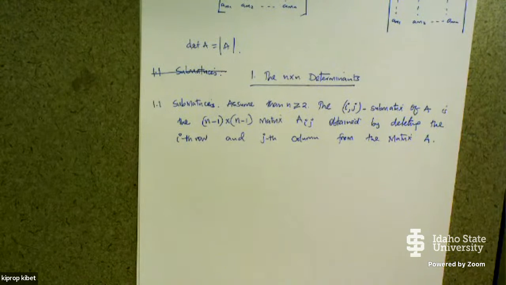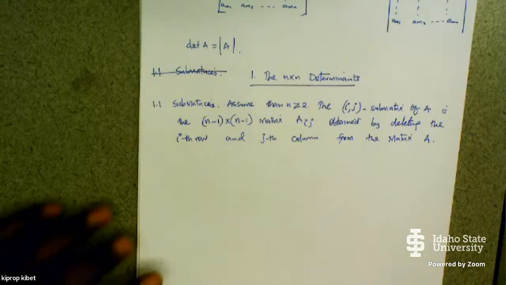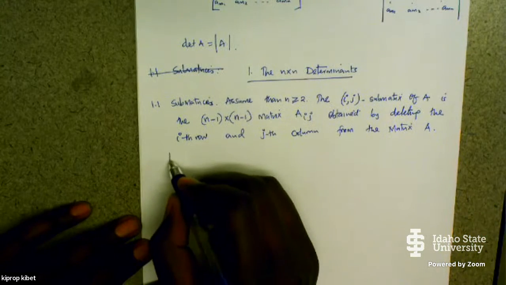So to get the ij submatrix, we obtain it by deleting the ith row and the jth column. For example, example number 1.